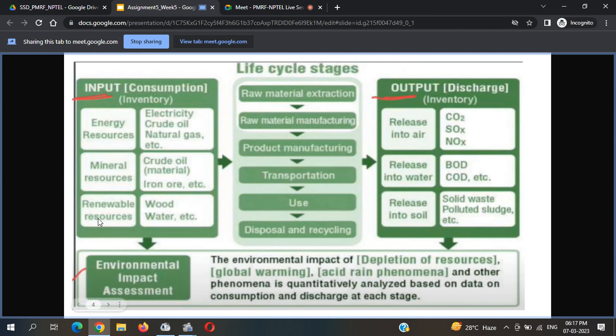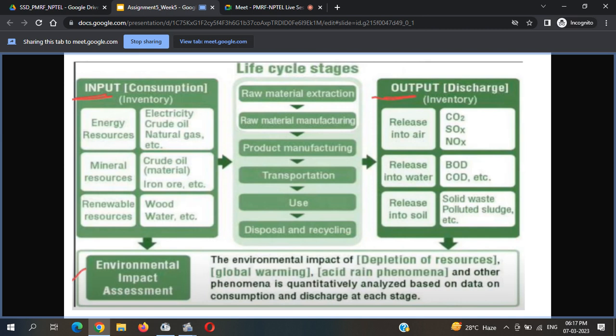So this is another visual. For example, in input energy resources, you might have electricity as energy resource, or crude oil, or natural gas. For electricity also there can be several sources. For example, if your electricity is coming from a coal powered electricity power plant, even before you are using that electricity, you can go further back to how that electricity is being produced.